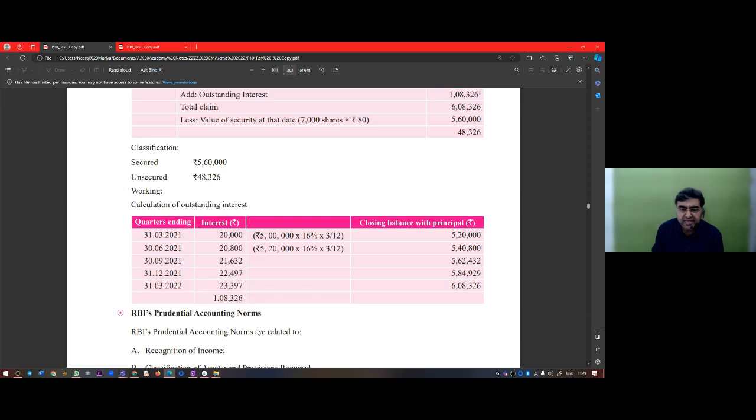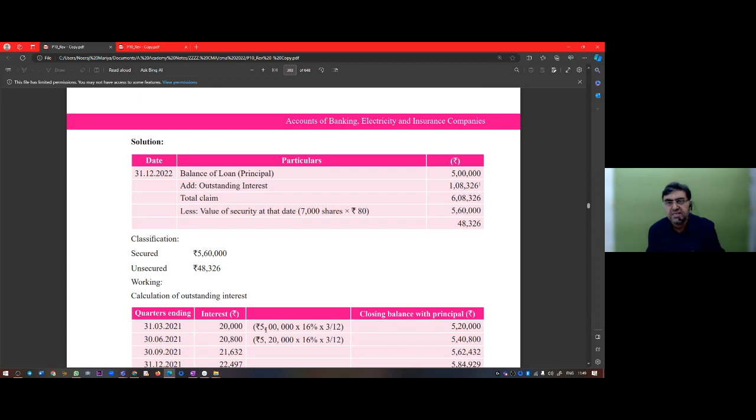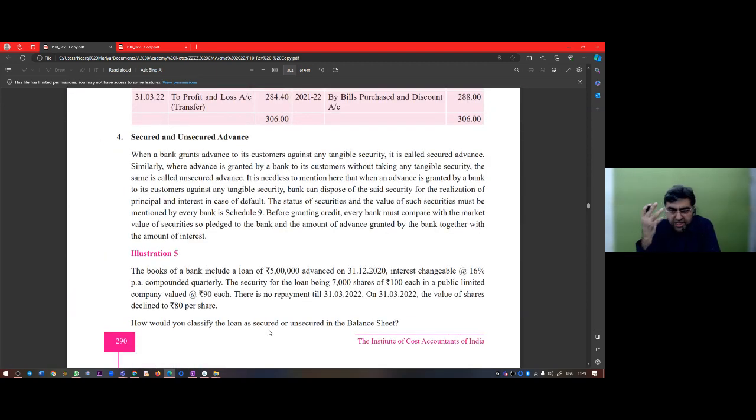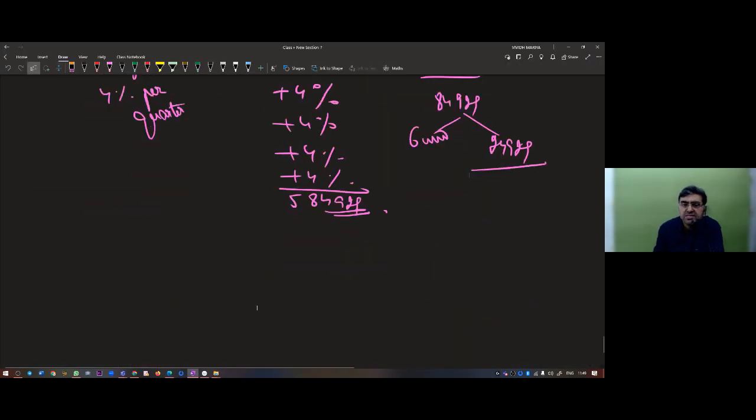How have they made the calculation? Is the calculation right or wrong? Let's verify. We can verify, errors can be removed. Now, how is interest 1,08,000? Understand the beauty. The period is 15 months, we took it as 12 months. 5,84,929 plus another 4%, 15 months, 5 quarters.